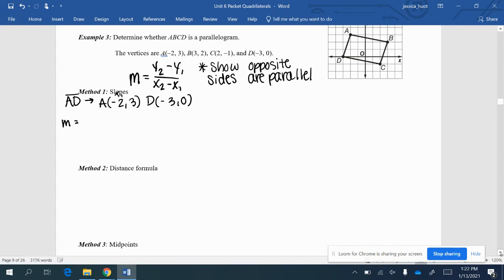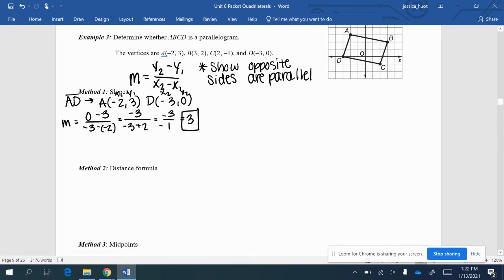So if I label my points, remember we've done this before, 0 minus 3 all over -3 minus -2. So that is AD.